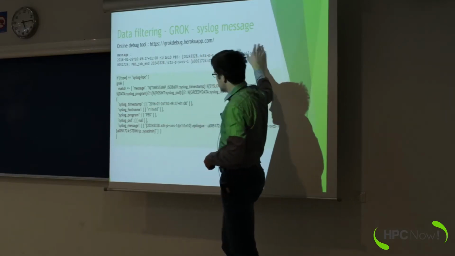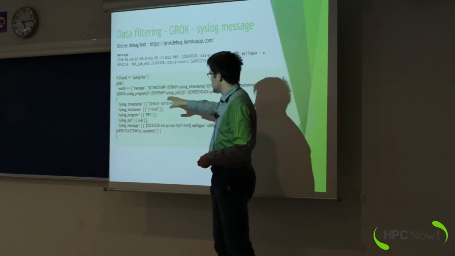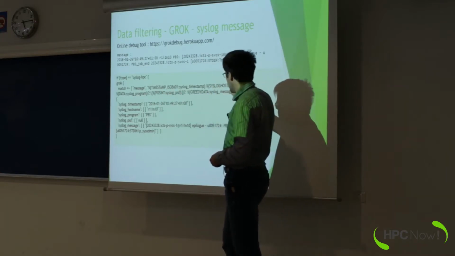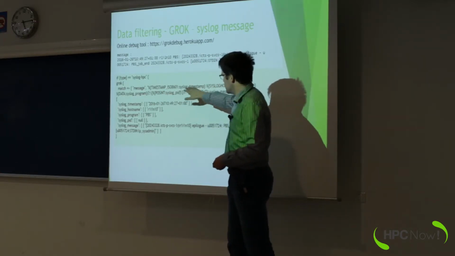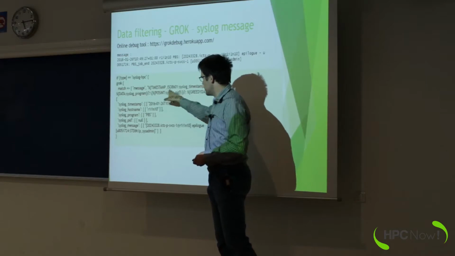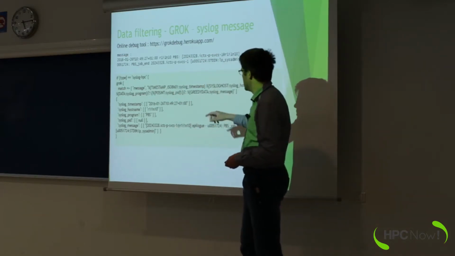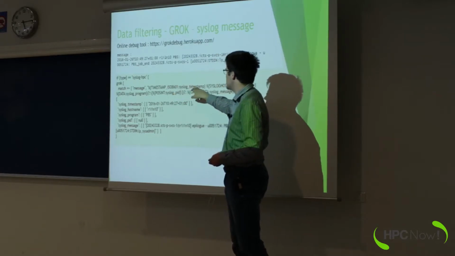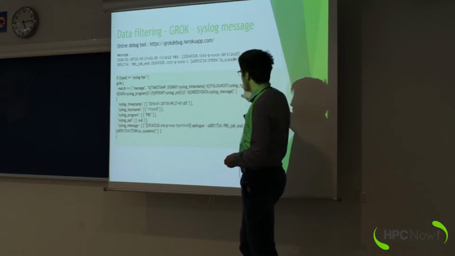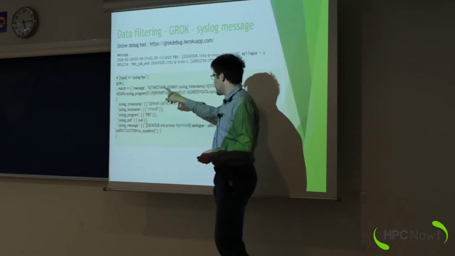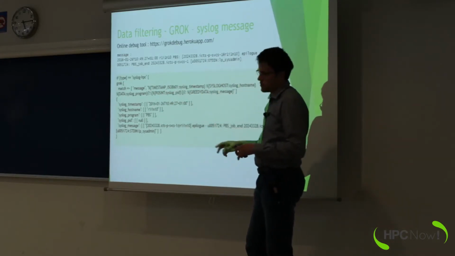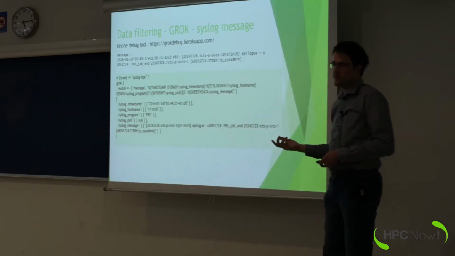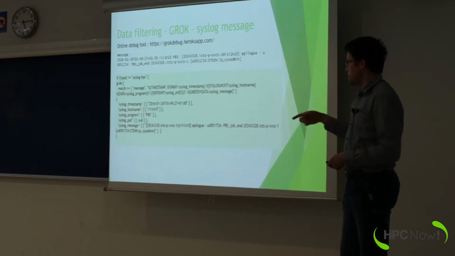This is an example of the message, and you separate the first part. So you see here, these are templates that are available in Logstash, and this field is assigned to these variables. So you have the syslog timestamp, hostname, syslog program, PID, and the message. Those are basically standard defined fields in Logstash.